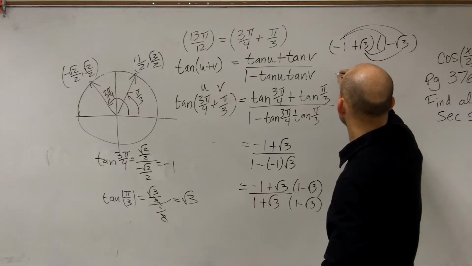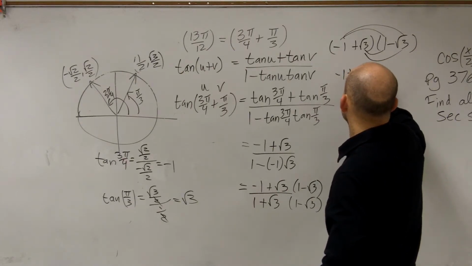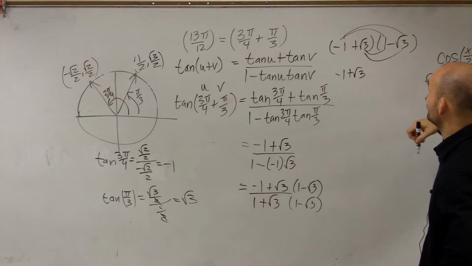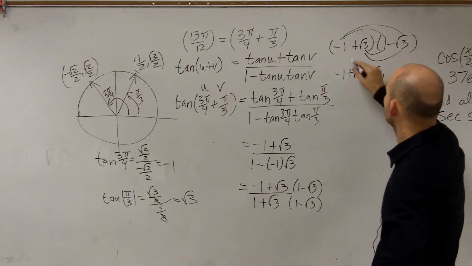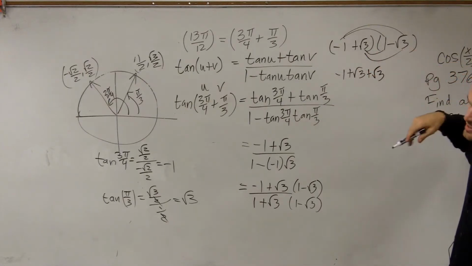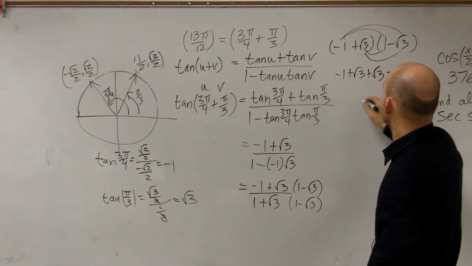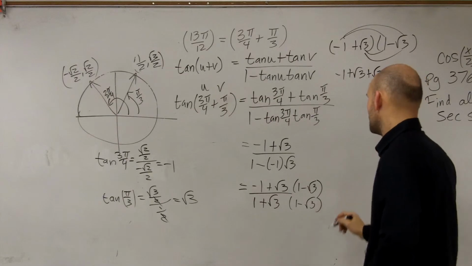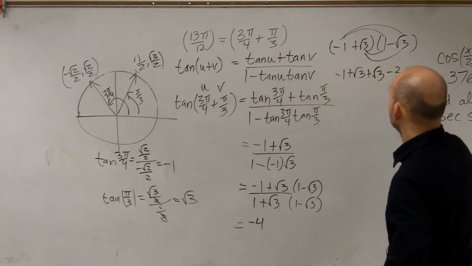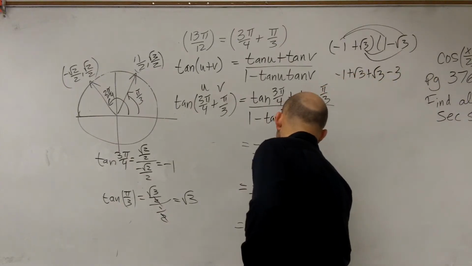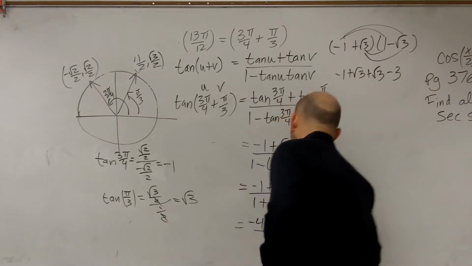Negative 1 times 1 is negative 1. Negative 1 times square root of 3 is negative square root of 3. 1 times square root of 3 is plus square root of 3. And square root of 3 times negative square root of 3 is negative 3. Therefore, that leaves me with negative 4 plus 2 square root of 3, all over.